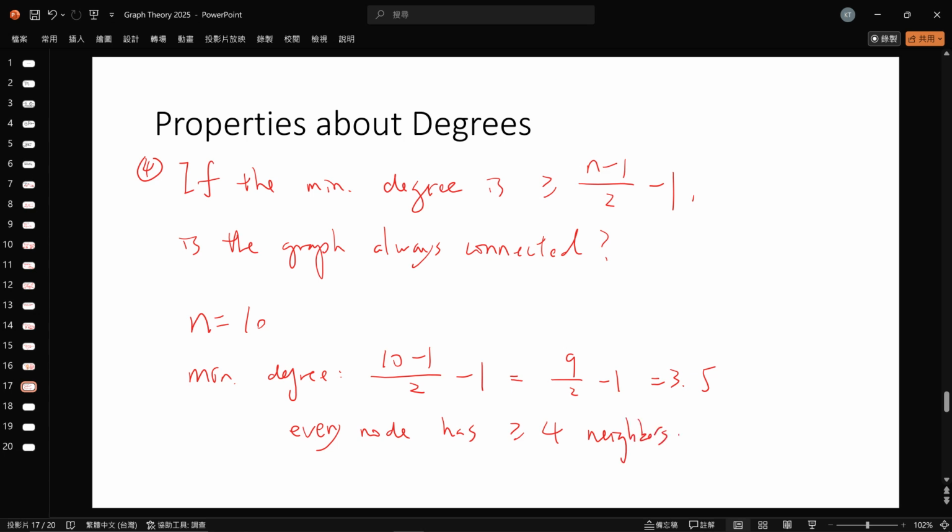Okay. So can we guarantee that the graph must be connected if every vertex has at least 4 neighbors?